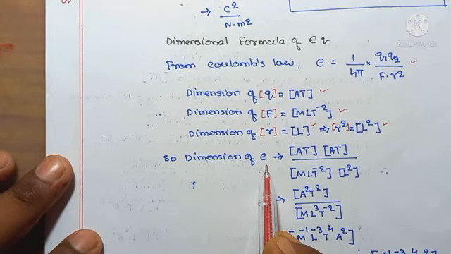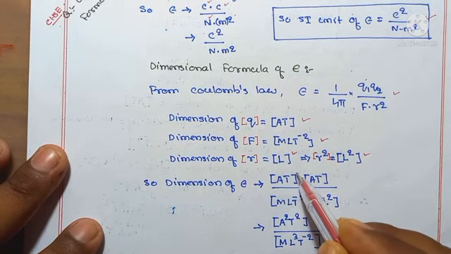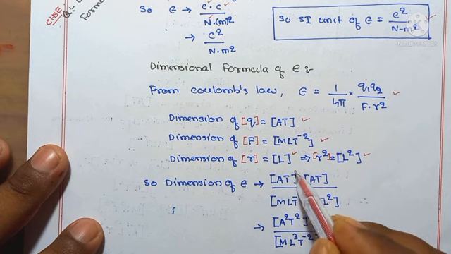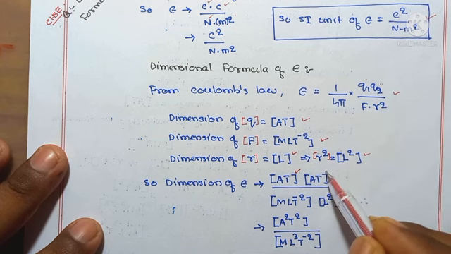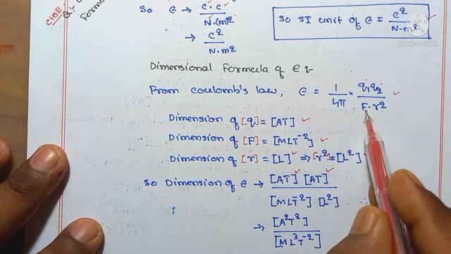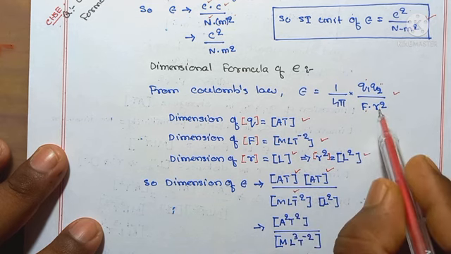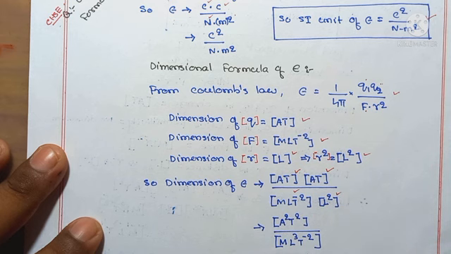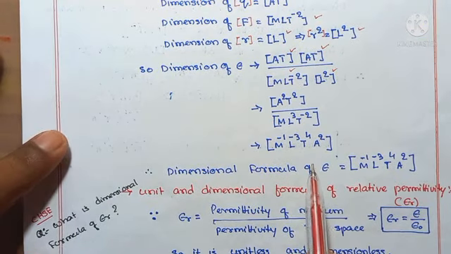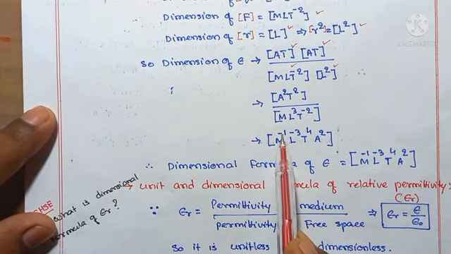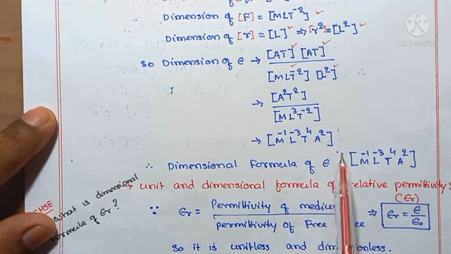Therefore, for the dimension of epsilon, in place of Q1 we write the charge dimension A T, and in place of Q2 also A T. For force M L T inverse 2, and for distance square L square. After simplification we will get the dimension of epsilon as M to the power minus 1, L to the power minus 3, T to the power 4 and A to the power 2.